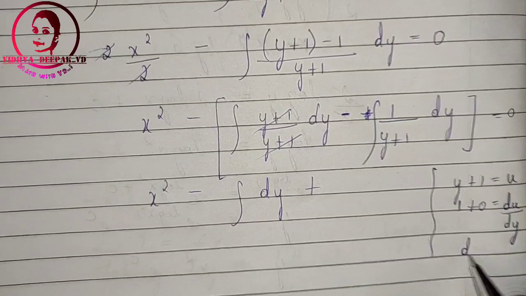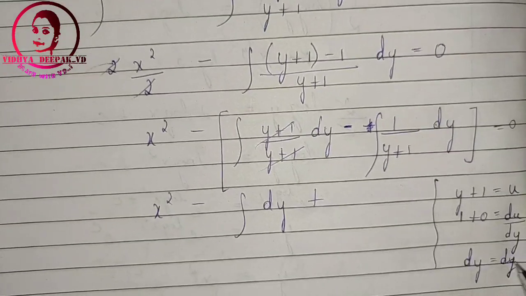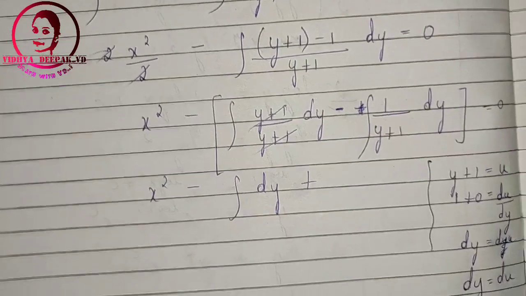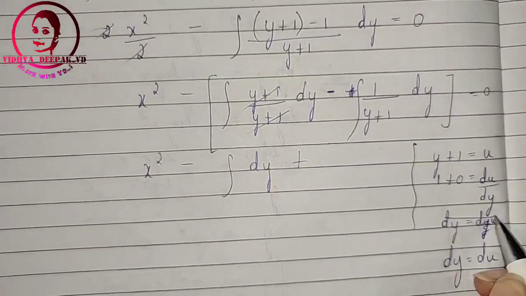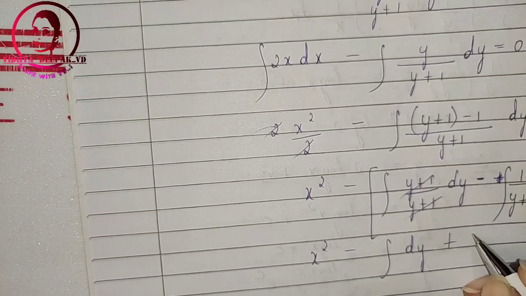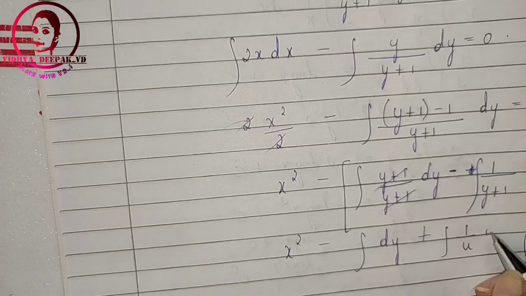That means dy is equal to du. So we have the integral of 1/u du.